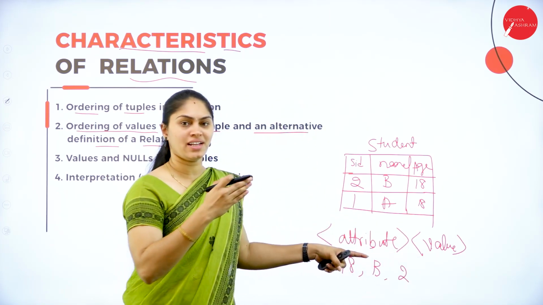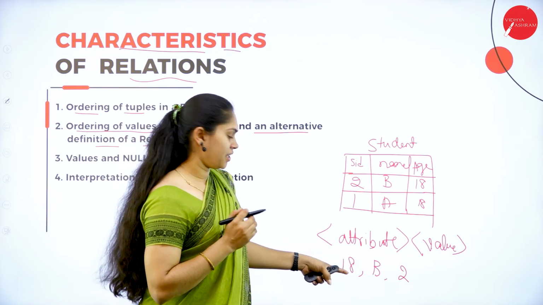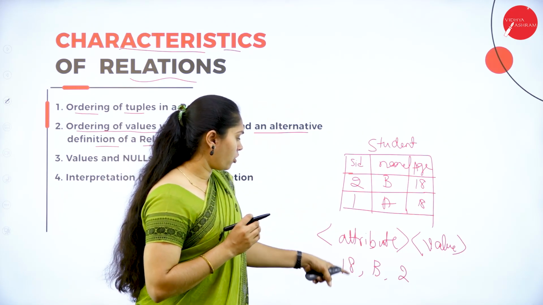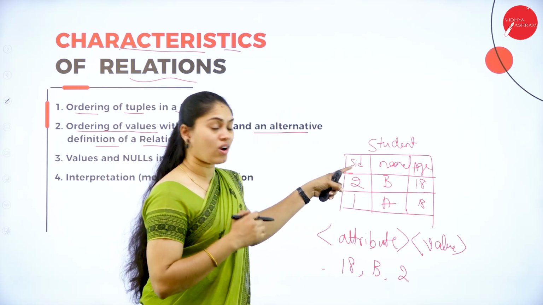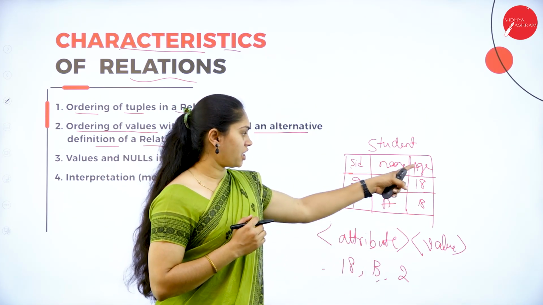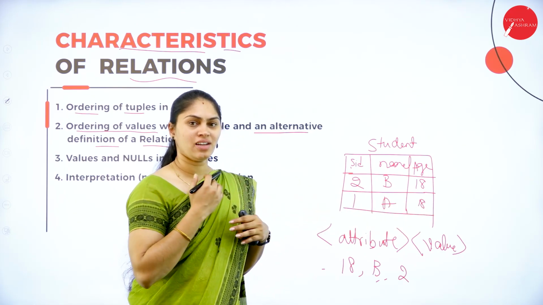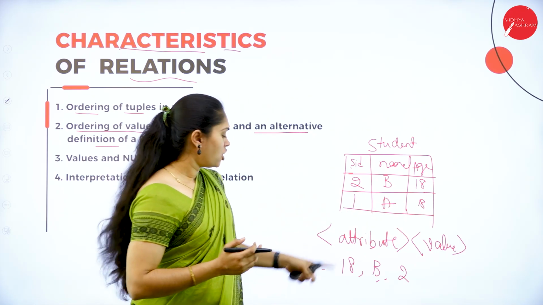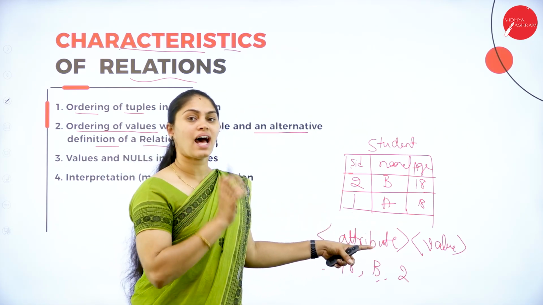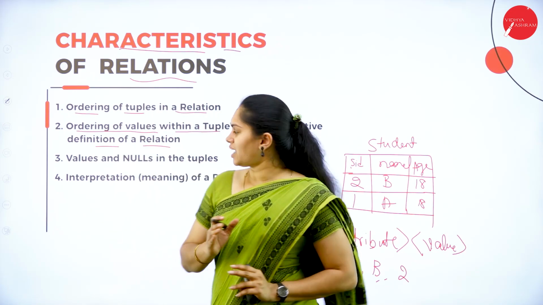Why? Because the ordering of attributes will be different. If I give 18, that 18 will be stored as a student ID, not as an age. If I give B, that will be in the name. If I give 2, that will be considered as age. So the order in which we are giving values in the tuple should correspond to the attributes. Then only we can consider that as a proper value.